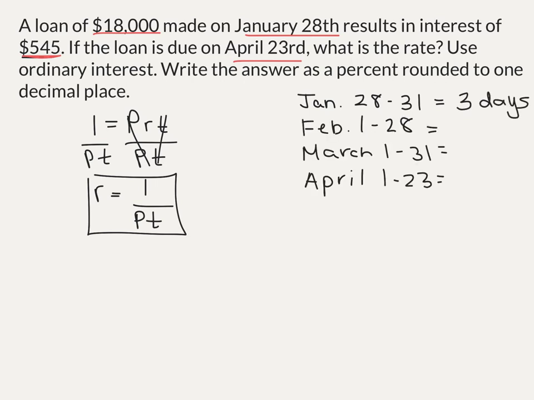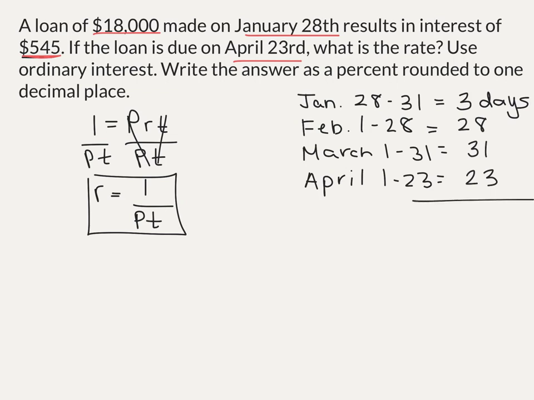So we'll just go month by month. So now we have February, and we're going to assume that February has 28 days, unless we're told otherwise. So there are 28 days in February, there are 31 days in March, and then we have April 1st through the 23rd, since we're paying our loan on the 23rd. And we count the 23rd, so that means that there'll be 23 days.